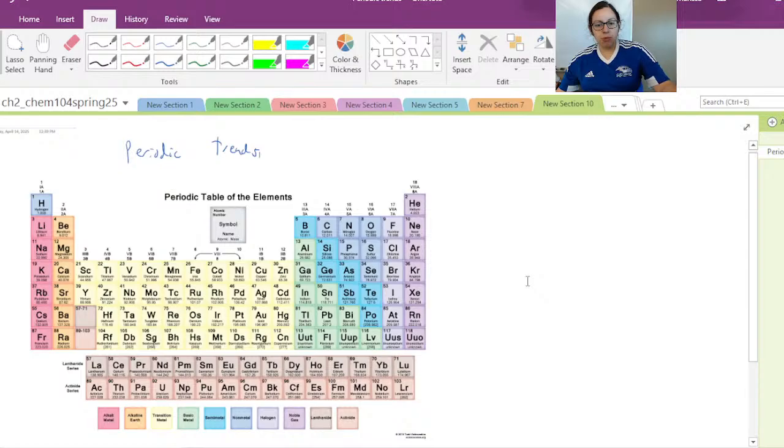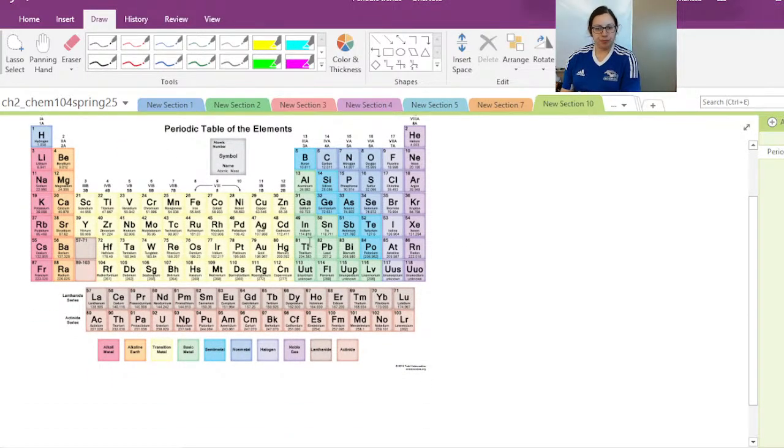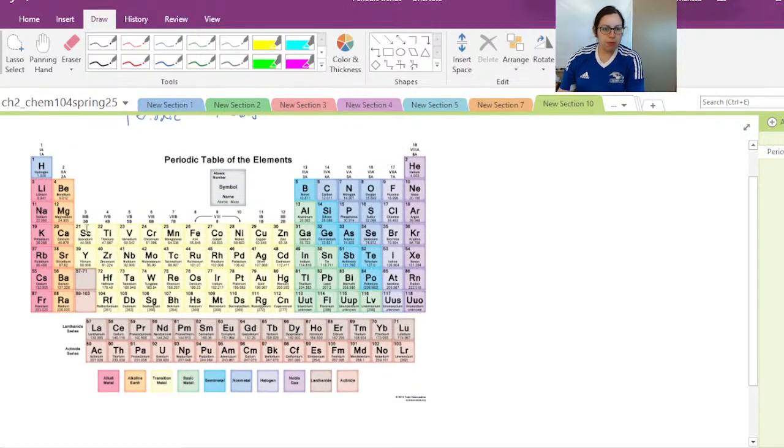And so then we also want to look at size. So size, we have our radius. So our radius increases as we go down. And then it decreases as we go across.